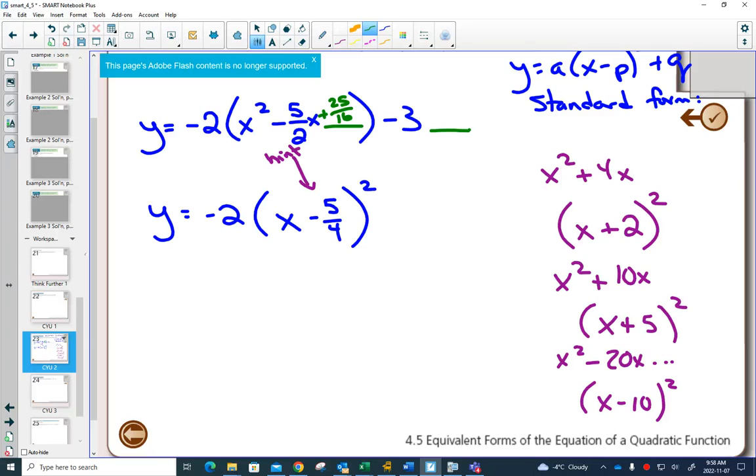And what do I put in the other green space as a result? Okay, it's not going to be 25 over 16. Because what have I actually done? Usually, if you add something, you have to compensate and subtract the same thing. But I haven't just added 25 over 16. That 25 over 16 gets multiplied by that negative 2.